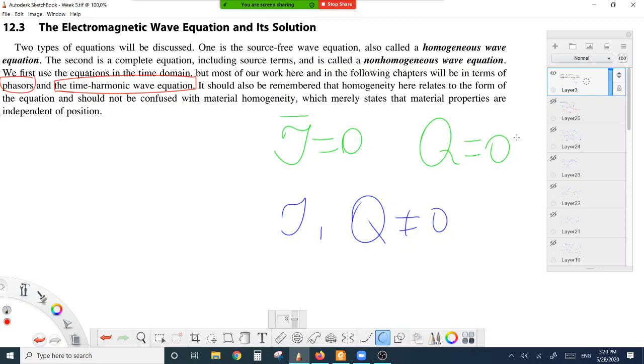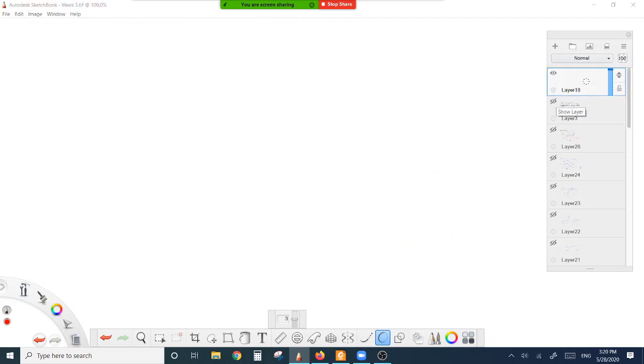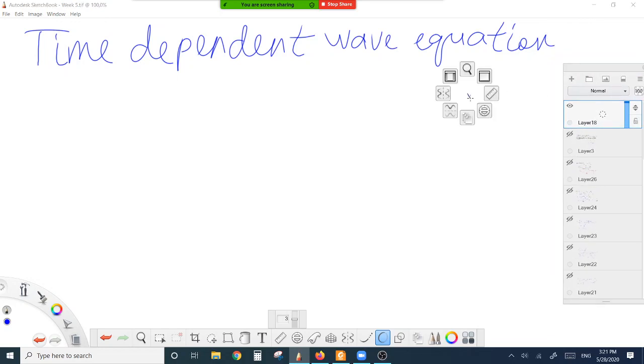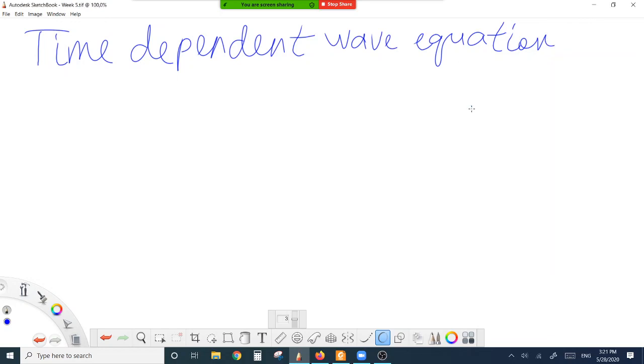Let's start first with the time dependent wave equation.